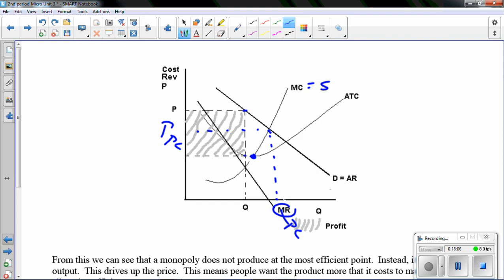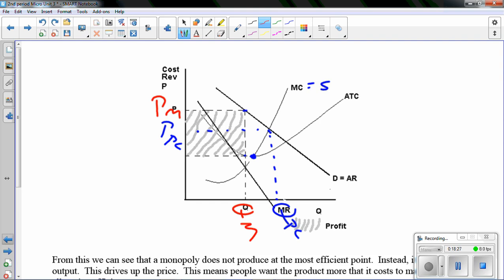A monopolist is producing this quantity, QM, and it's charging this price. Let me finish this concept first before I go back to another graph.